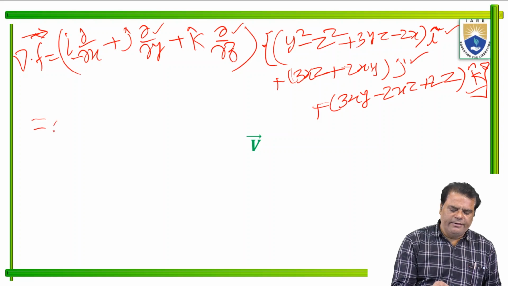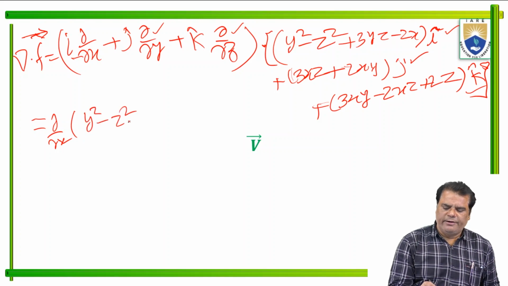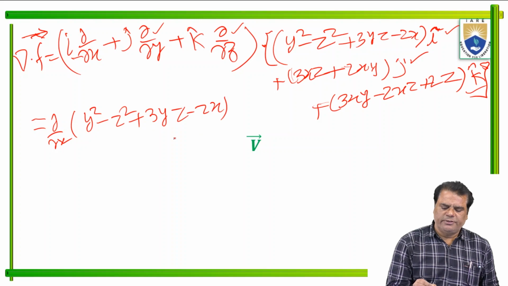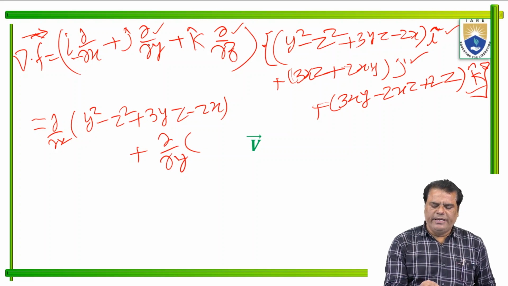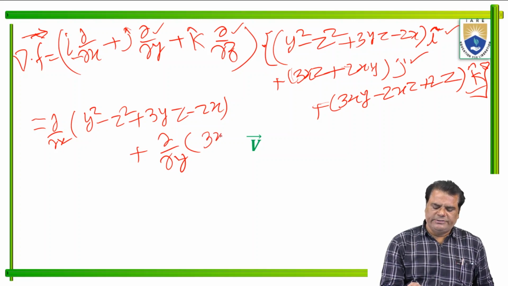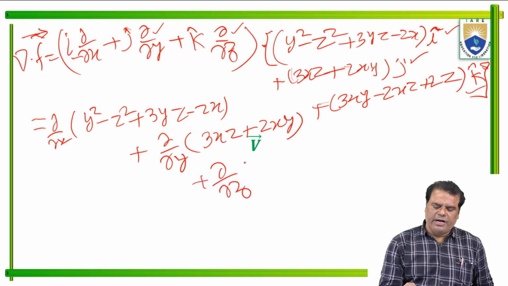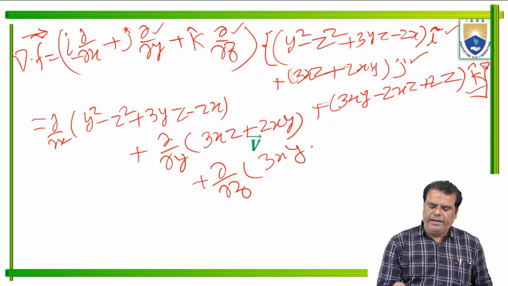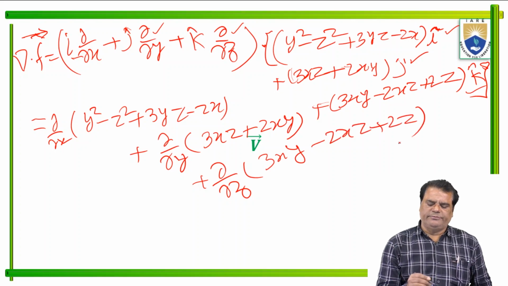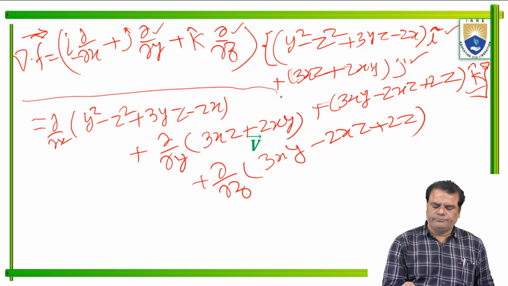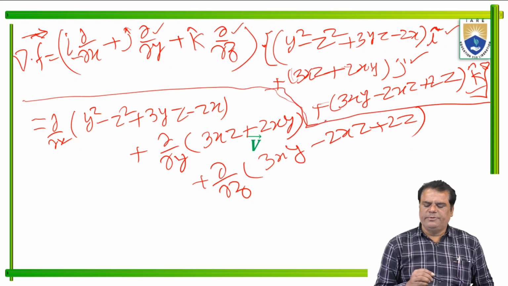Finally we write ∂/∂x of (y² − z² + 3yz − 2x), plus ∂/∂y of (3xz + 2xy), j dot j, plus ∂/∂z of (3xy − 2xz + 2z), k dot k. Okay, the problem is of this type.